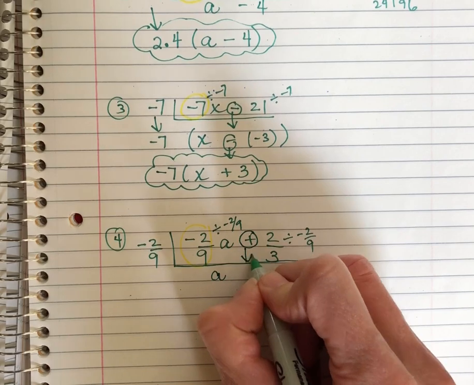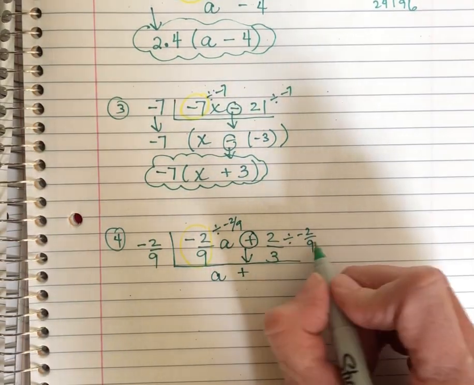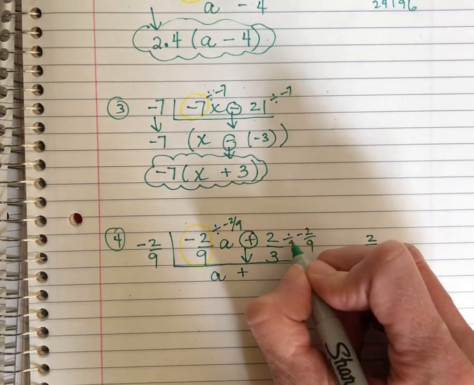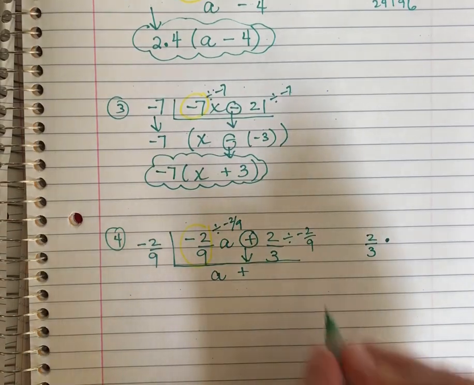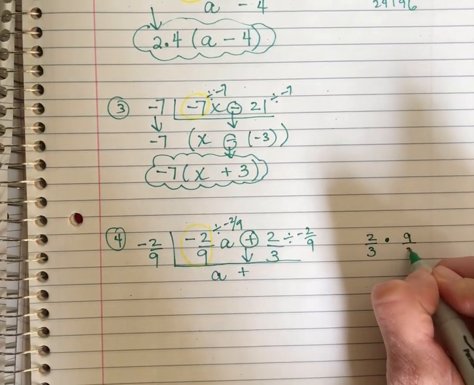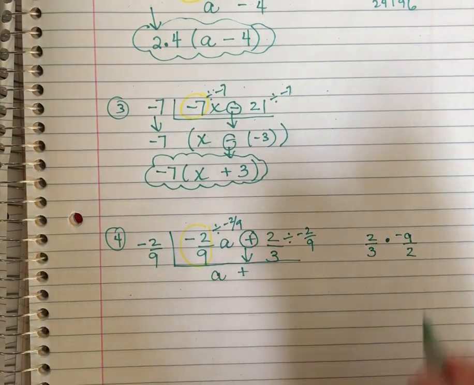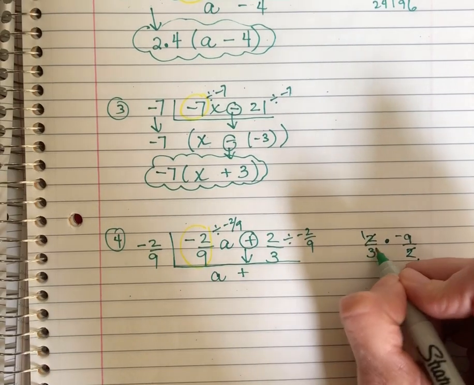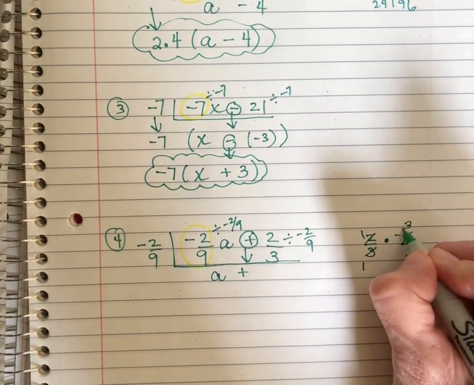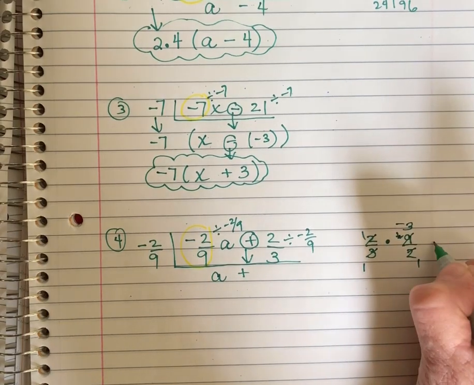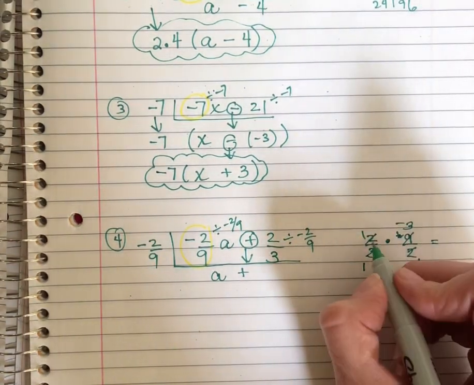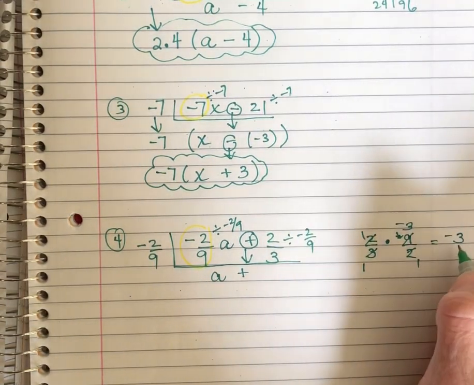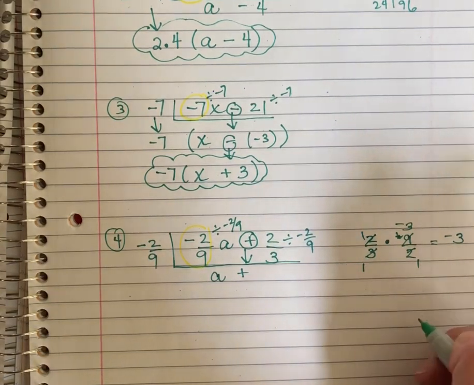Circle your addition, drop it down, and then we need to work out this division here. I'm gonna work it out off to the side. So 2/3, division changes to multiplication, and 2/9 changes to 9/2, and it was a negative. Well, this is kind of nice. These 2's can reduce to 1's. 3 goes into 3 once, 3 goes into 9 3 times. I'm gonna put that negative symbol up there. Multiply straight across. 1 times 3 is 3. Put on your negative. And the denominator we don't even need to write, because 1 times 1 is just 1.